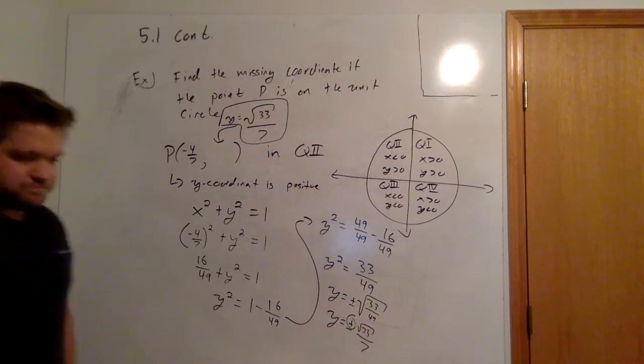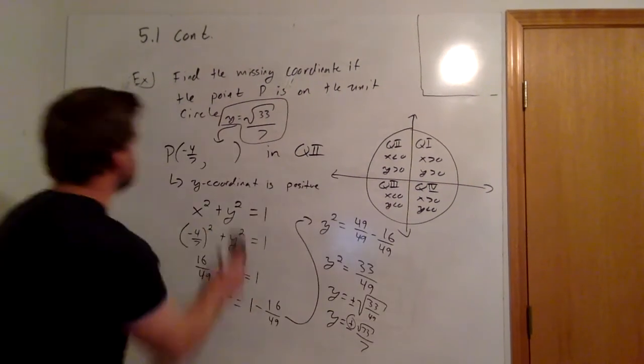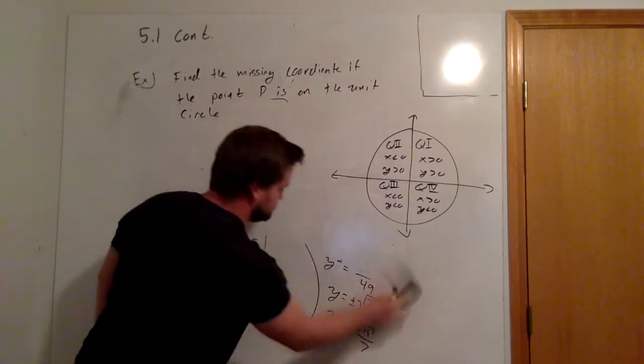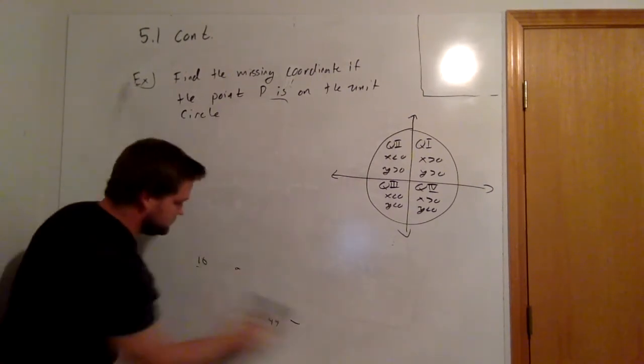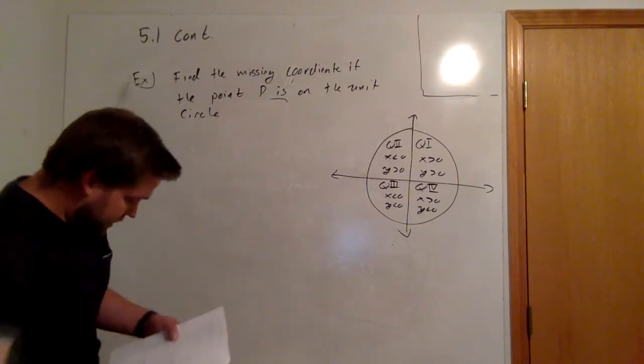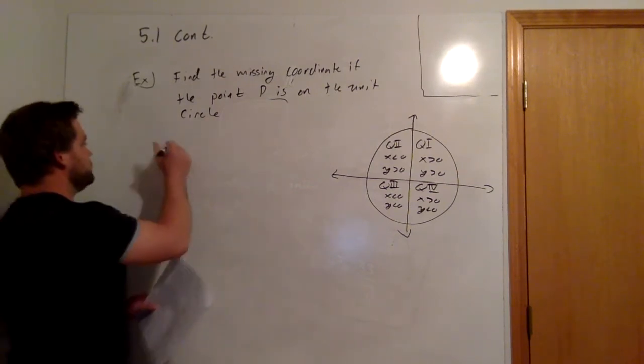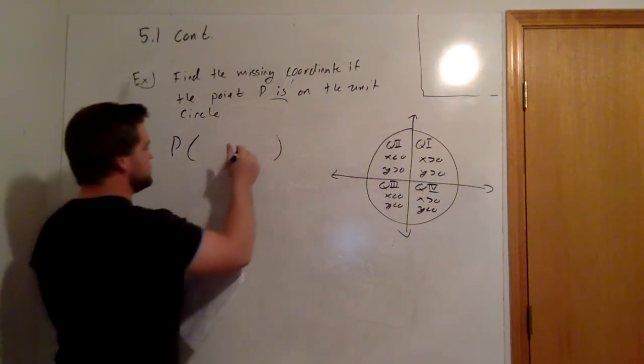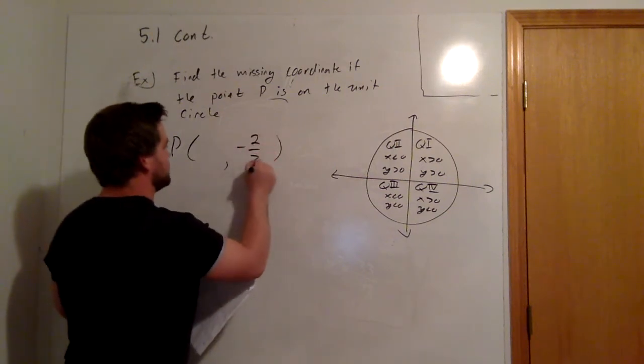Let's try another one. Okay, so let's say we don't know what the x value is, but we know what the y value is. Let's say the y value is -2/3.